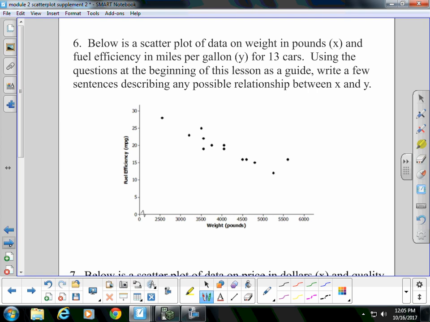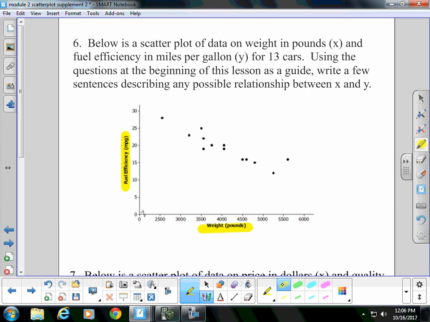Okay. Below is a scatter plot of data on weights in pounds, x, down here on the x-axis, and fuel efficiency in miles per gallon for the y-axis. That's the fuel efficiency for 13 cars.